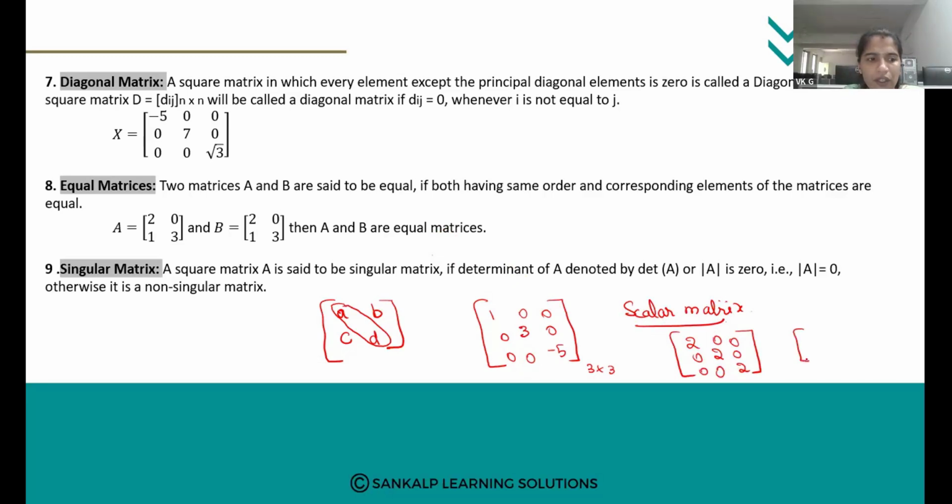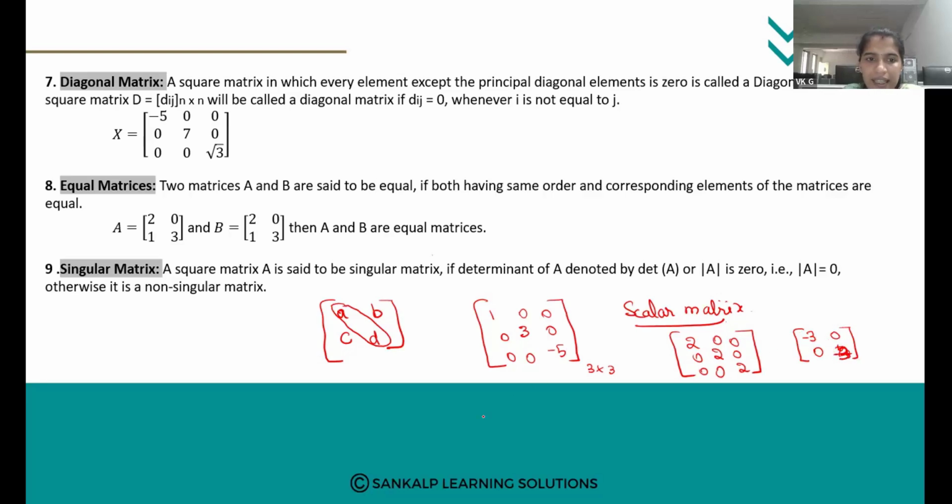If I consider order 2, say -3, 0, 0, half, which is actually a diagonal matrix. If I consider equal diagonal entries, -3 and -3, it reduces to a scalar matrix.